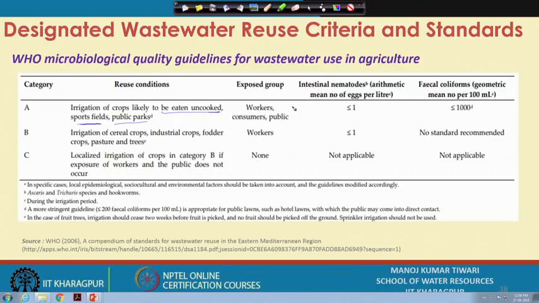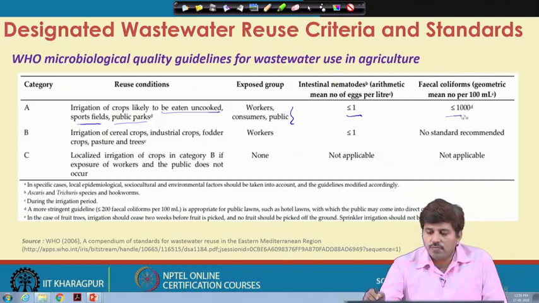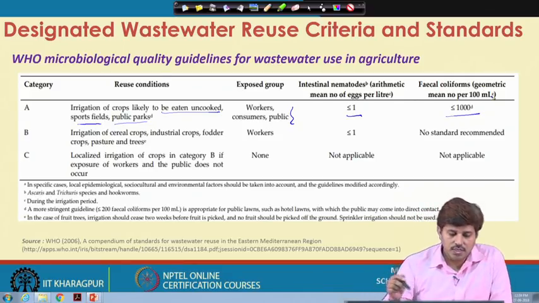The exposed group is basically workers, consumers and the public, okay. There has to be intestinal nematodes measurement, which should be less than 1 egg per liter, and fecal coliform less than 1000, which is the geometric mean.